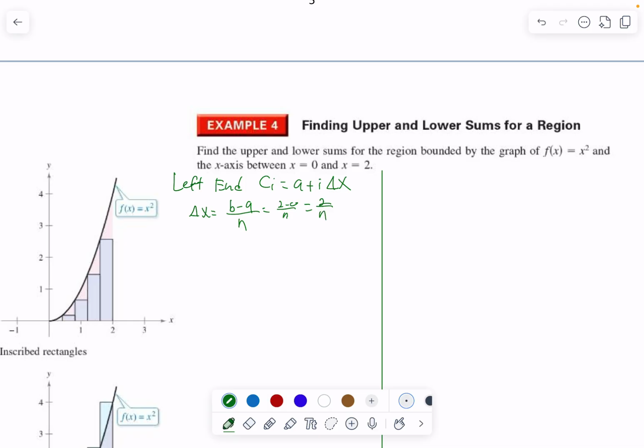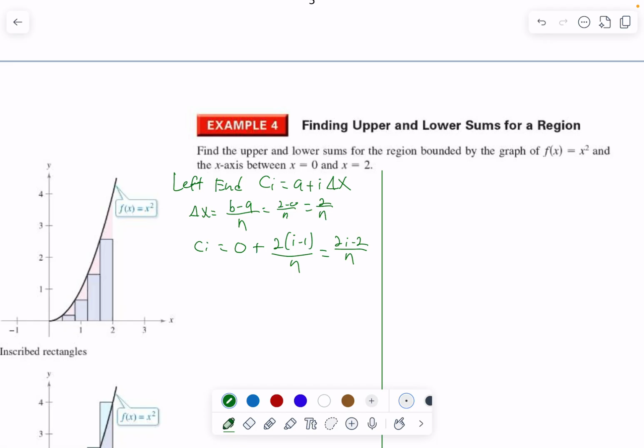And the left end is going to be given by 0 plus, so c sub i, the lower bound is 0, plus 2 times i minus 1 over n, which is 2i minus 2 over n.